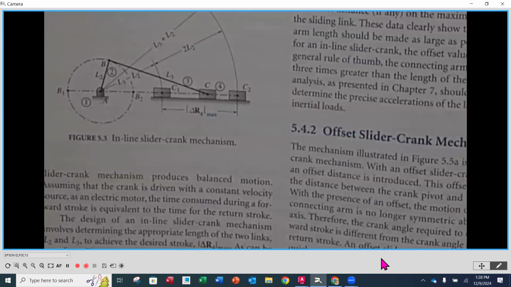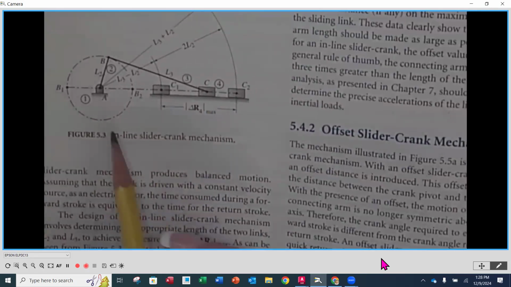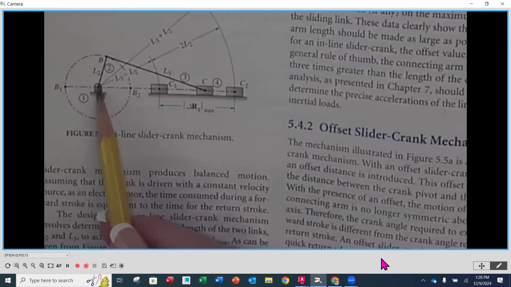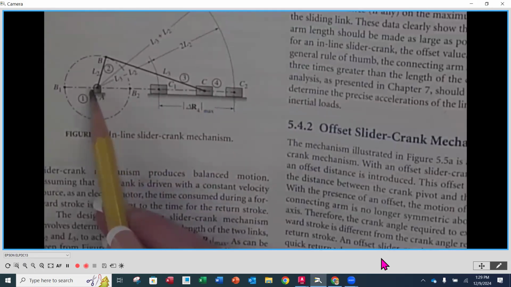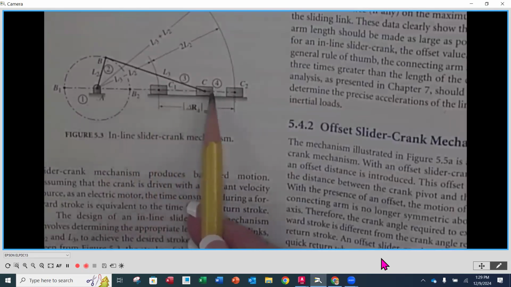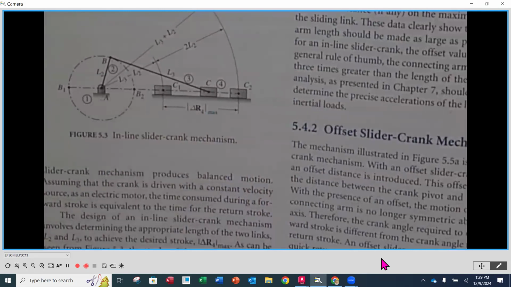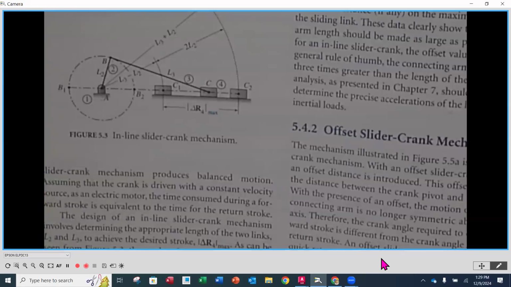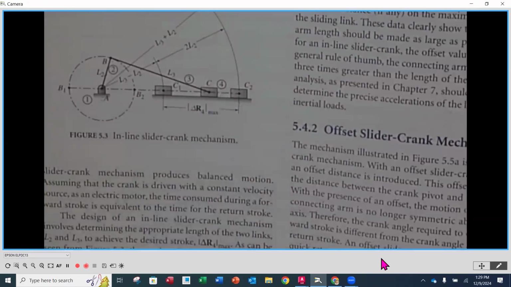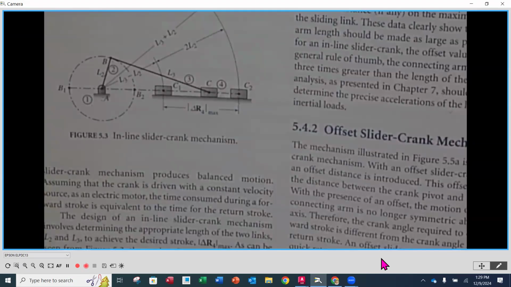In this example, you're going to notice that the center of rotation of the crank, if we extend it, is in line with the path that our slider takes. So this is called an inline slider crank mechanism, and we've seen these before. If you remember, I think this was module 2, we looked at the outermost and closest bounds of the limiting positions.